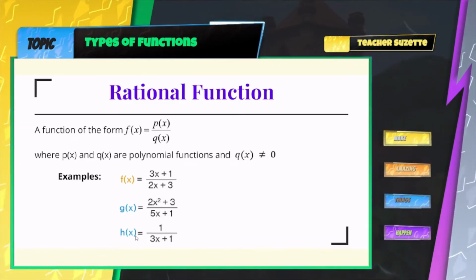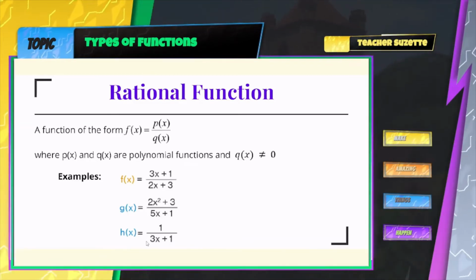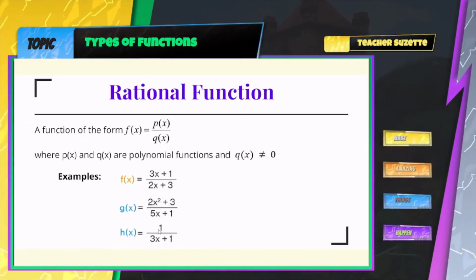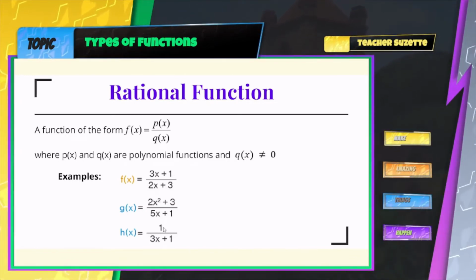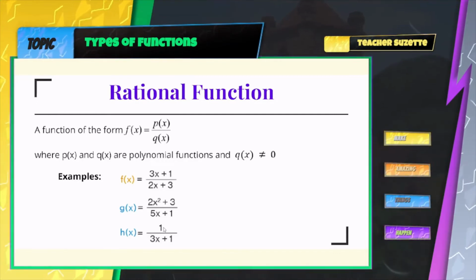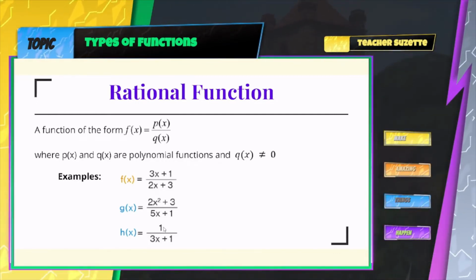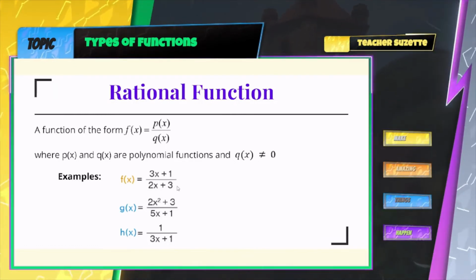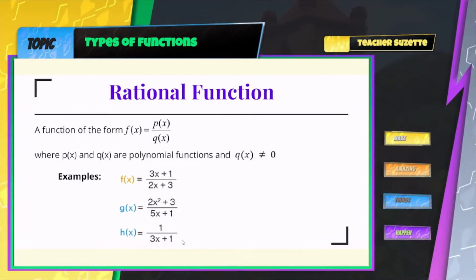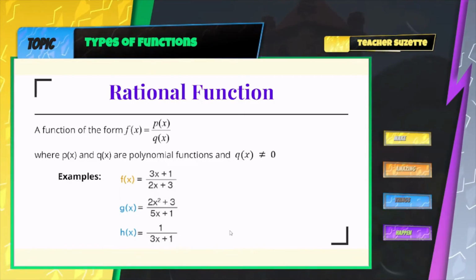Then, h of x is equal to 1 over 3x plus 1. Here, again, the numerator is also a polynomial function, but particularly, it is a constant function. So, these three examples are examples of rational functions.